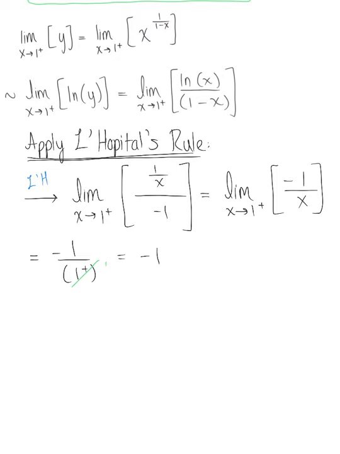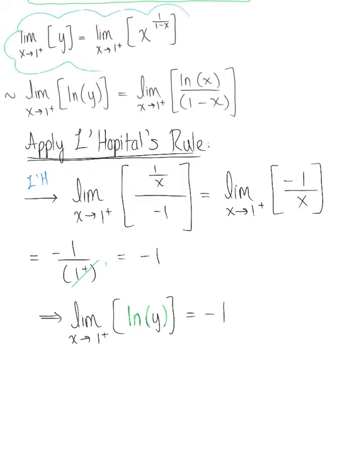What this is showing us, again, we want to be mindful, is that the limit as x is approaching 1 from the right-hand side of the natural log of y is equal to negative 1. But we want to remove this natural log. That natural log of y isn't in the original expression. We want to just have y.